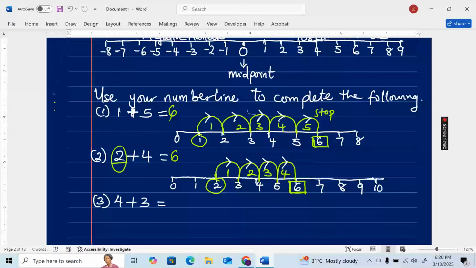So once your arrows have been drawn on the number line, you are fine. I want everybody to pay attention. Nobody should post any other thing in the comment section. Only pay attention.